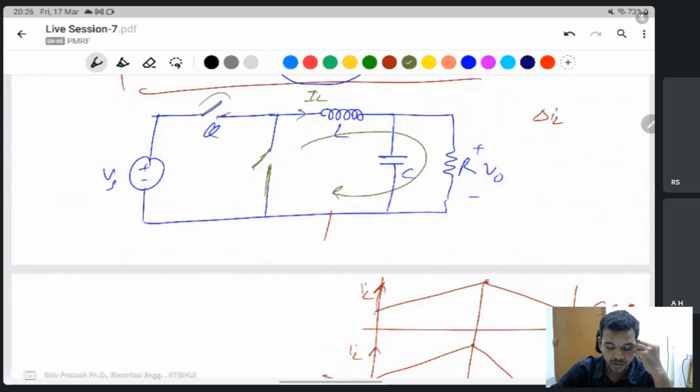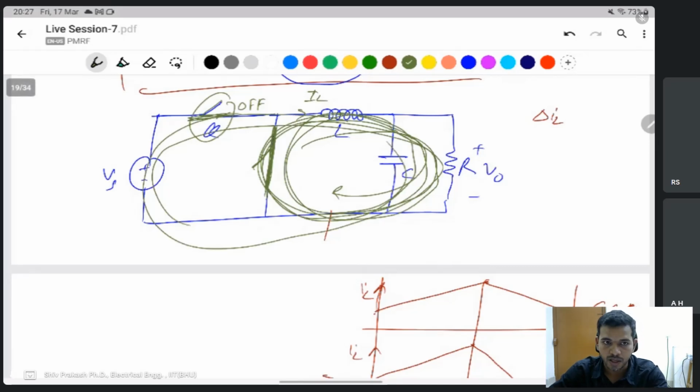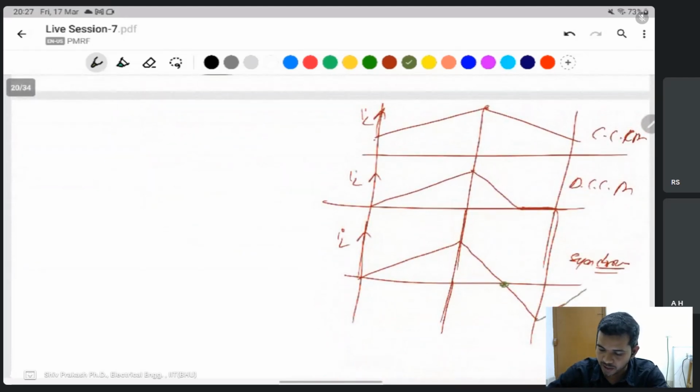This one is off, but this one is continuously on time. Then current flows like this. You charge the inductor. When the switch is off, it supplies the load. Supply to the source of the charged inductor. After that, this one supplies to this one, starting from 0. After that, it goes to the input side.